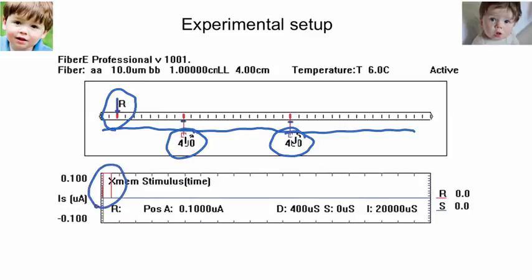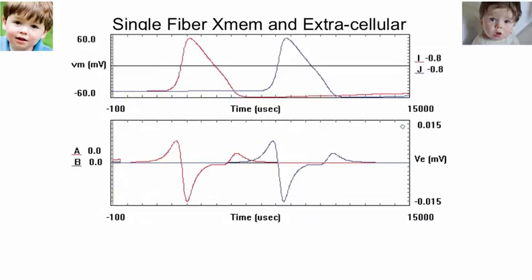Here's our stimulus waveform, all the way down to the left, a 400 microsecond duration stimulus. And here's our amplitude, which we know from earlier weeks of the course is about twice threshold. So it should originate action potentials, and as we know from the week on propagation, they should proceed down the fiber. And indeed, here they are.